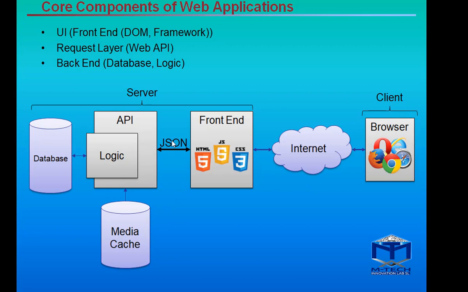We have the JSON, and also the front end. Within the front end, we have HTML, JavaScript, and CSS. That's the styling stage, and also the internet and the client. What you see within the client is what you see whenever you visit a website. Back in the server is what is happening logically behind the scenes, which you cannot see.